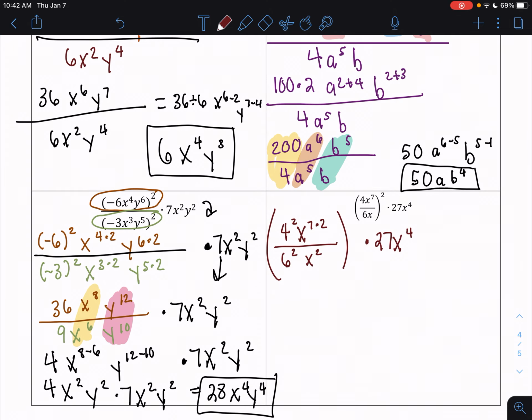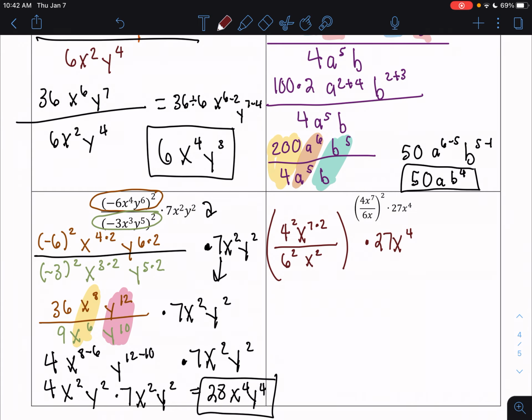All right, let's simplify. What's 4 squared? 16 times x to the 14th. What's 6 squared? 36 x squared. Continue that down. What is 16 divided by 36? It's going to remain a fraction.